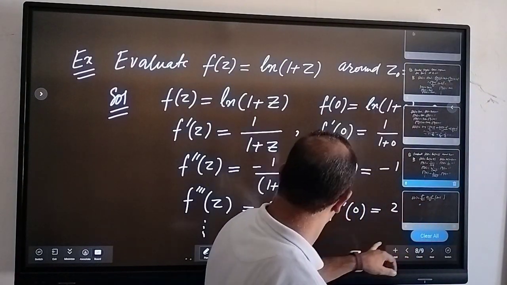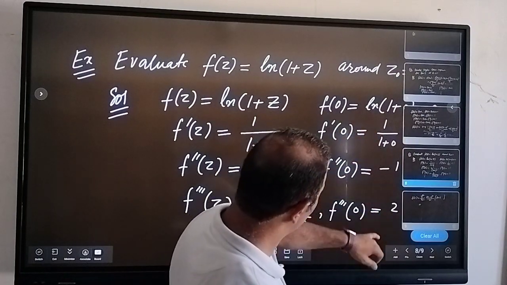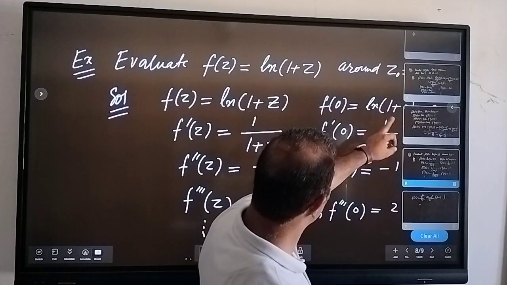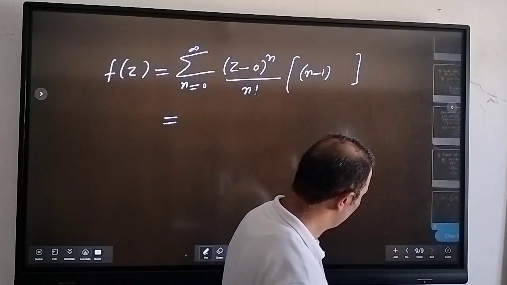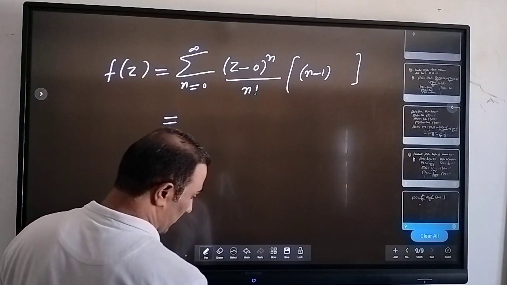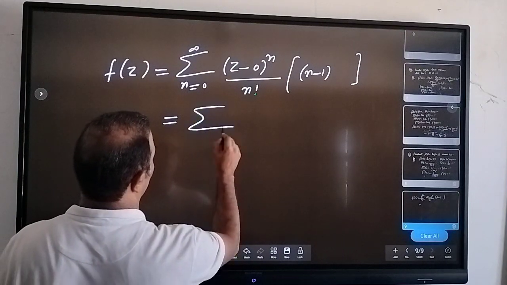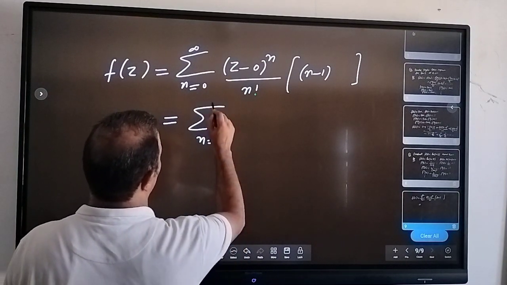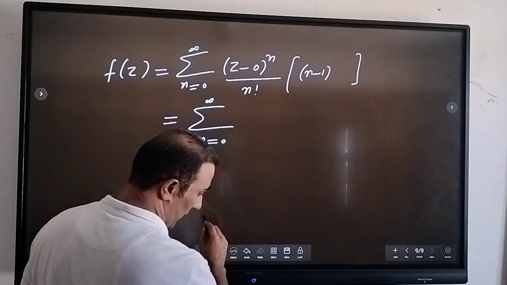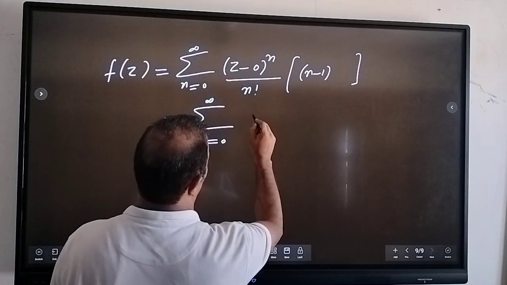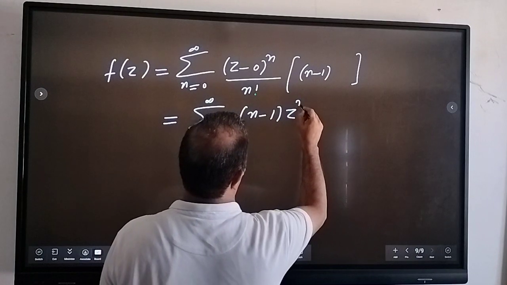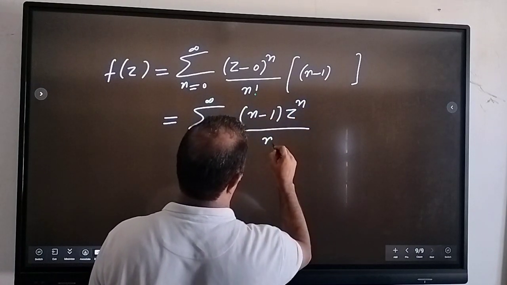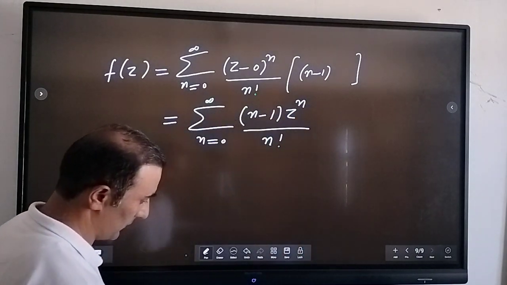So just check: first is 0, second is 1, third is minus 1, then it is 2. So you can rewrite this as summation, n from 0 to infinity, of n minus 1, for n upon n.